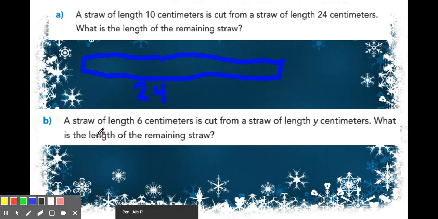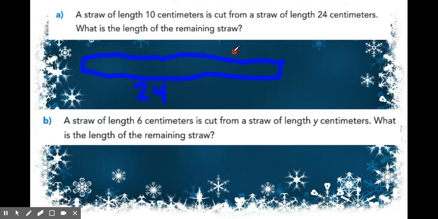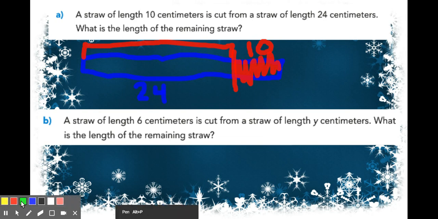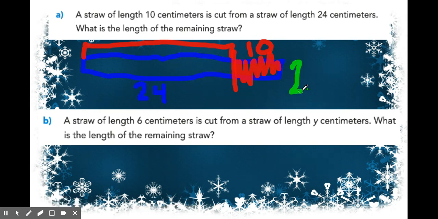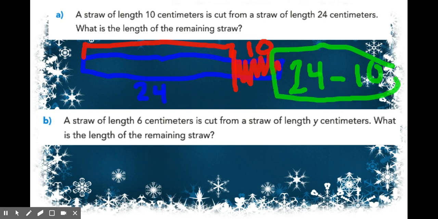I then cut 10 centimeters off, sorry. So this is my 10 centimeters. It wants to know what was left. How would I find what was left? Well, I would take my 24 and subtract the 10. That would tell me what's left. This is the expression that would tell me that.